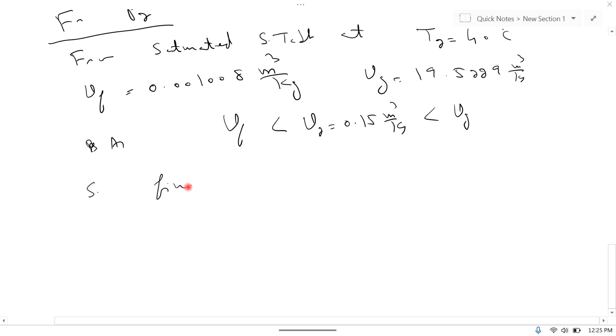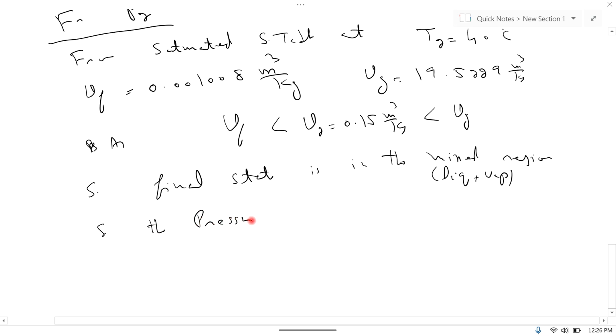So final state is in the mixed region. Mixed region is basically liquid plus vapor region. So the pressure in the mixed region is saturated pressure, PS.